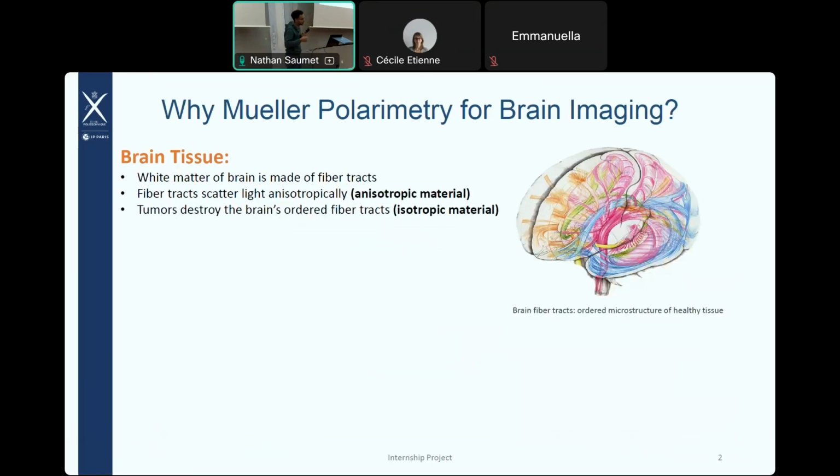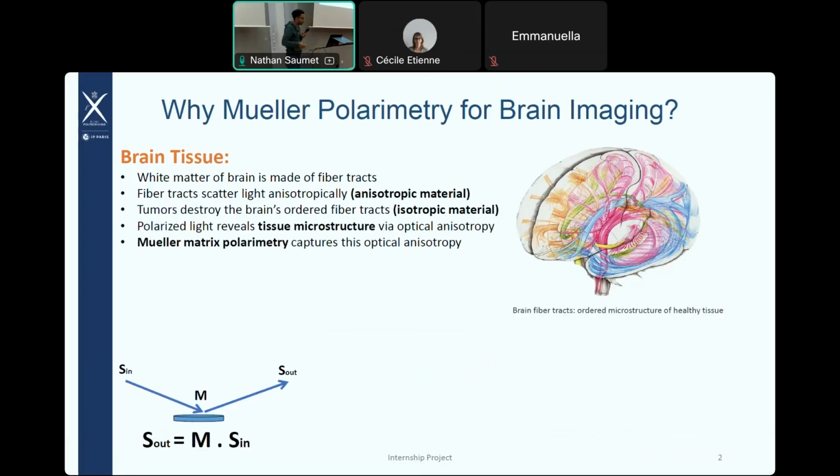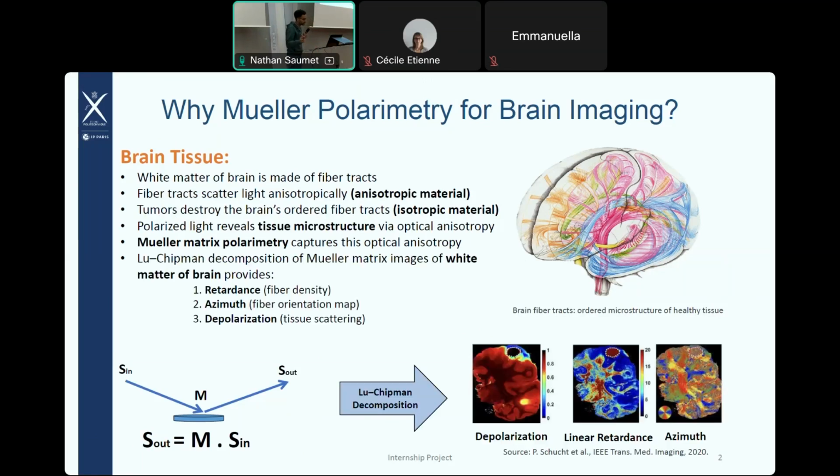But fortunately, the human brain is made up of fiber tracts, which are an anisotropic medium with which we can do polarimetry and help the surgeons. If we detect our sending Stokes vector and the outgoing Stokes vector of our light from the sample, by applying the mathematics, we can have this type of images of the brain.